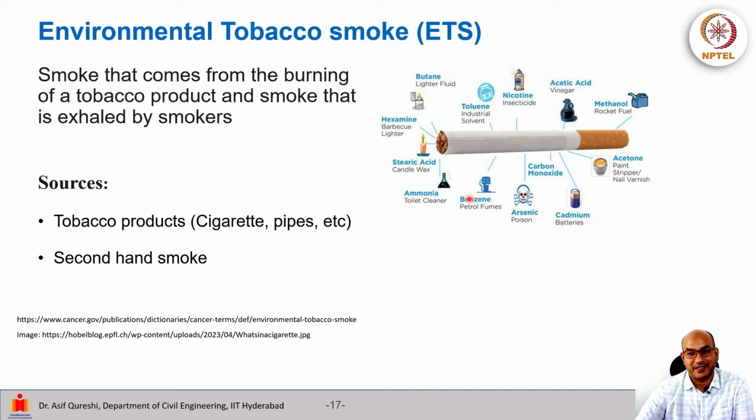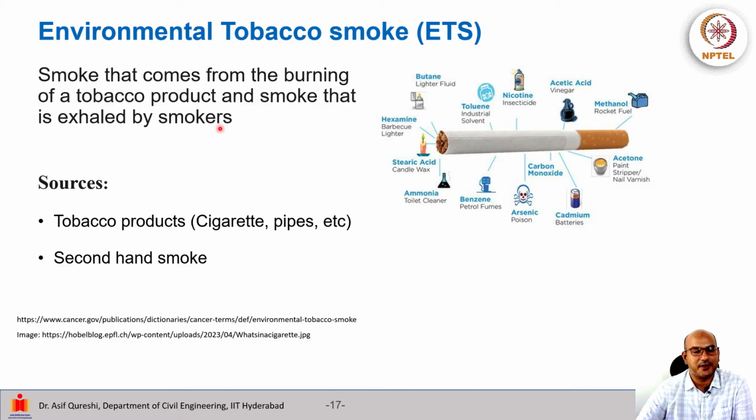We also have benzene associated with it. Arsenic, carbon monoxide, cadmium. So one cigarette has so many organic and inorganic substances that are hazardous pollutants, and so this is a very harmful source of pollution.